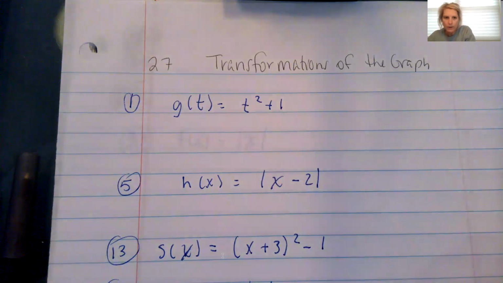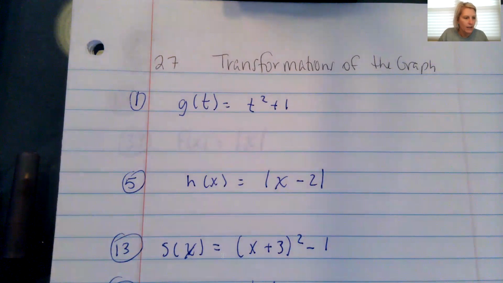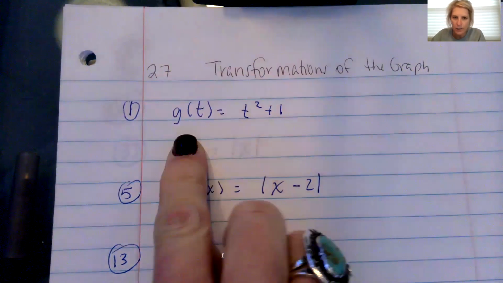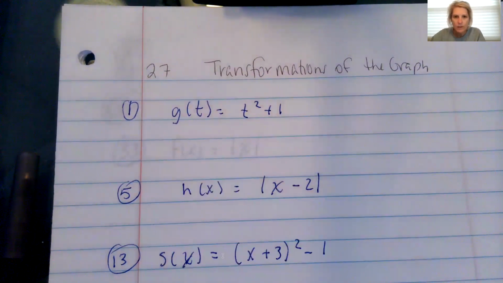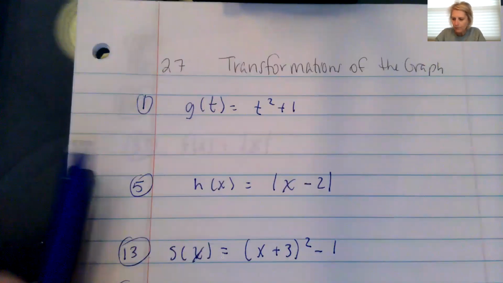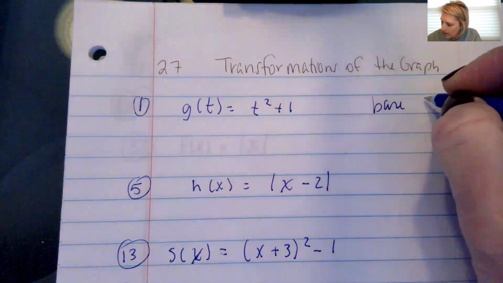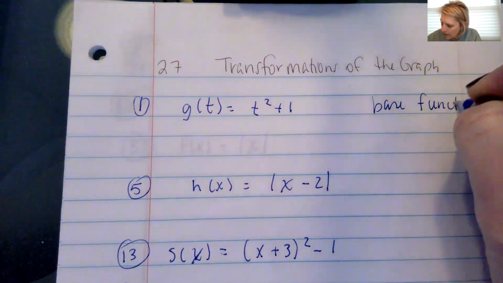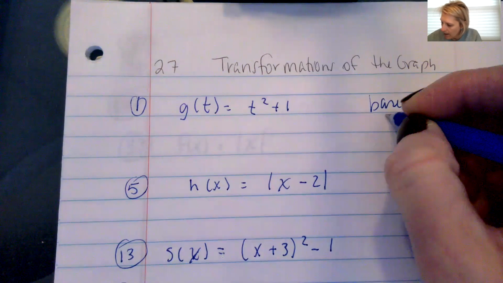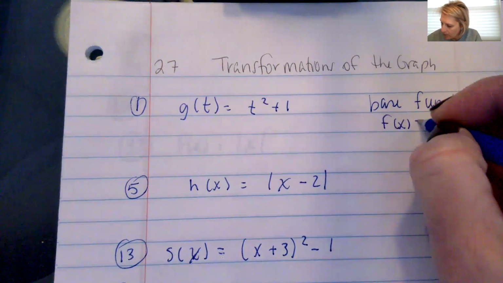Okay, we're going to look at a few examples from the book. We are mainly working from pages 175 to 179. So this first problem says the function g of t is equal to t squared plus 1. So the base function is f of x equals x squared.